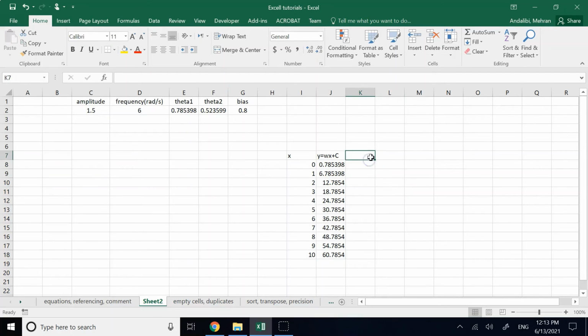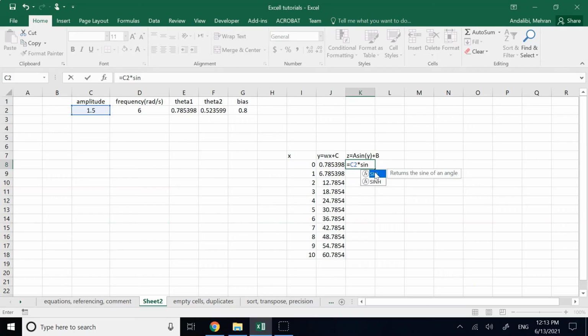Okay, now I want this z to be what? A times sine of now this y plus b, where a is the amplitude, b is the bias, and y are coming from this column. So now I say this is equal to this cell times sine of, by the way, whenever you type in any function, MATLAB, I'm sorry, Excel, I've been teaching MATLAB so far, I keep mixing them.